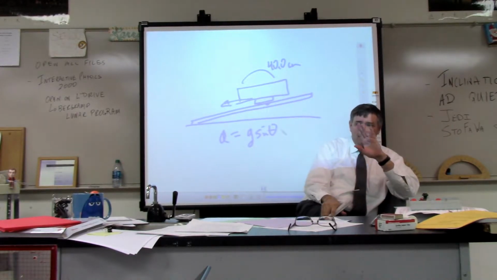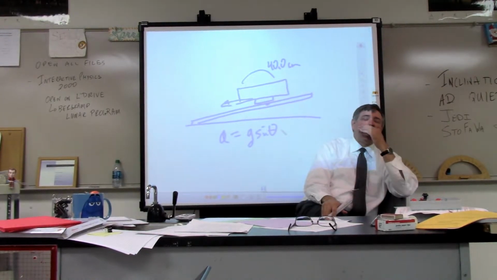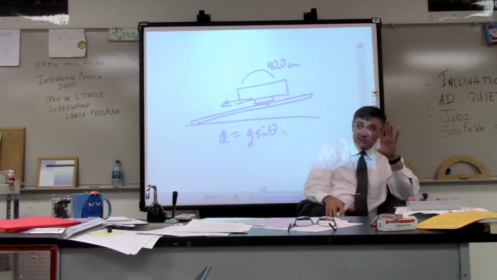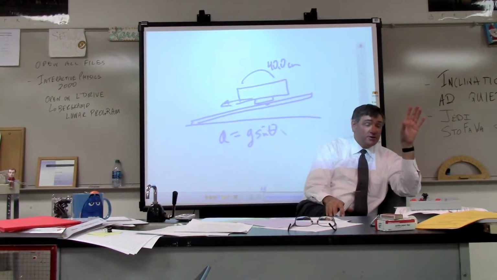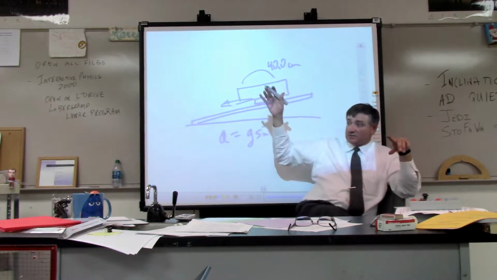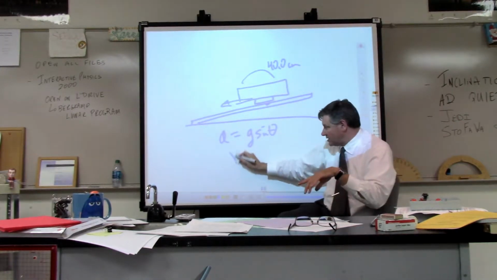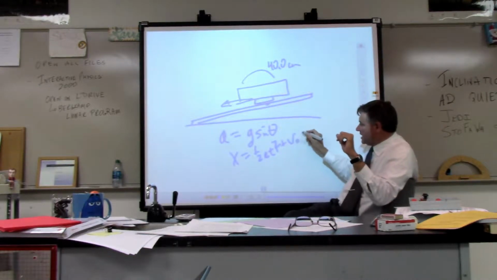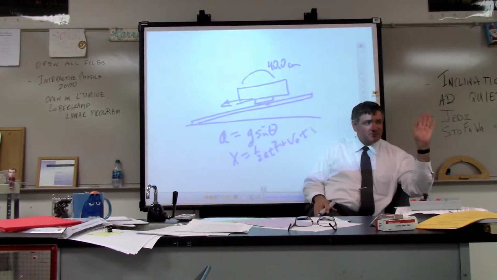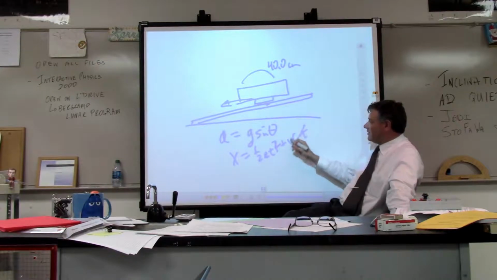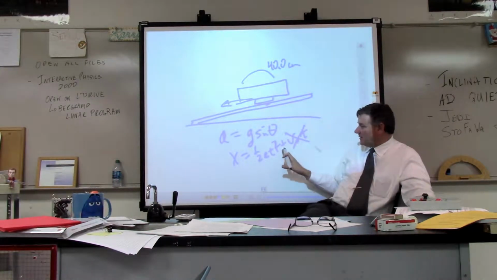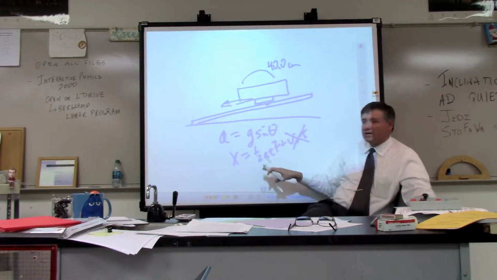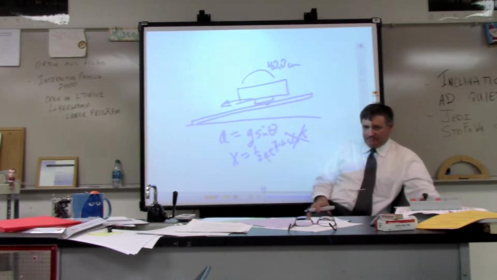Okay. Got that. Now, you're going to calculate an actual experimental value using x = 1/2 at² + v₀t. Being the brilliant physics students that you are, you said, oh, this is clever. I'm going to start it at rest. I'm going to know the time. I'm going to know the distance. I can get my acceleration that way.